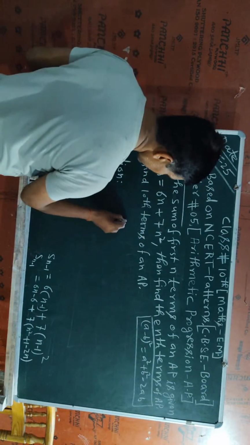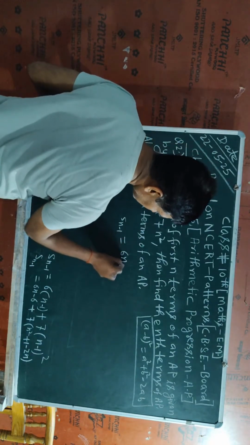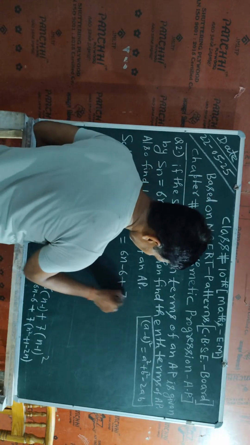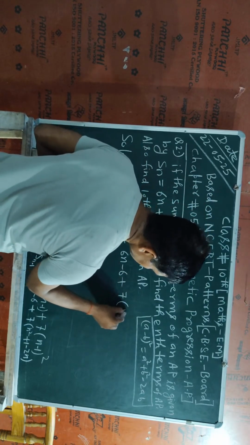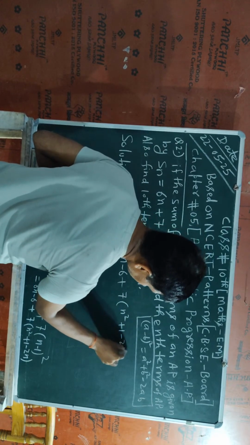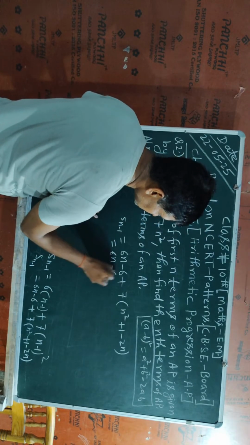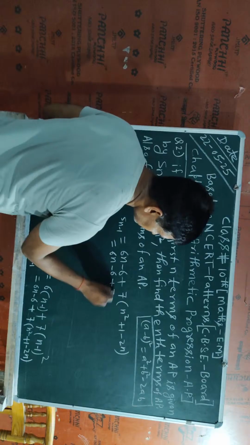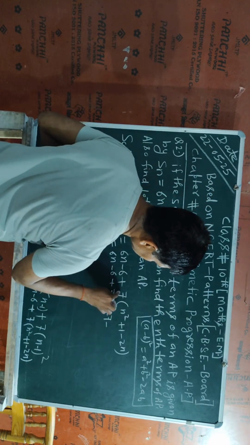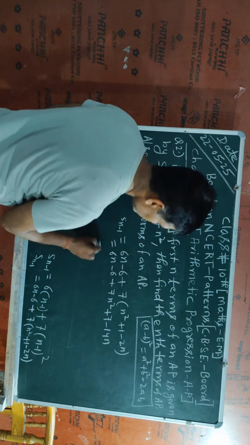Now here I am writing S_(n-1), which is equal to 6n minus 6, and these values I am going to put here and simplify, n square plus 1 minus 2n. Okay student, now further I am going to simplify. This is 6n minus 6, and here 7n square plus 7, and then 7 times minus 2n, which is minus 14n. So further I will simplify here.